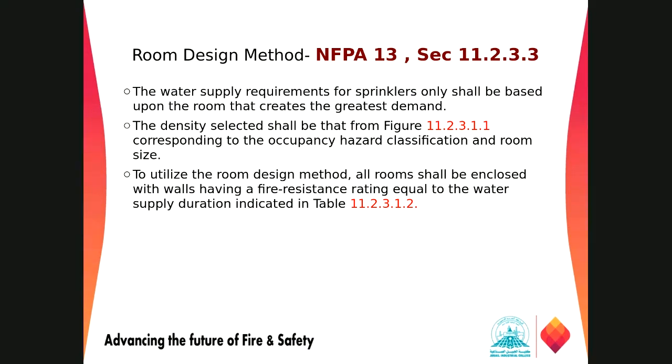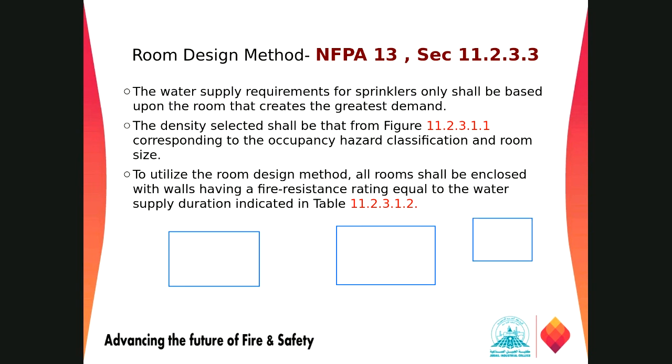So now moving on to the room design method. It is not so important to discuss the room design method. In the room design method, we just have to put the sprinkler into the room. This is one room, this is another room, and this is maybe another room.